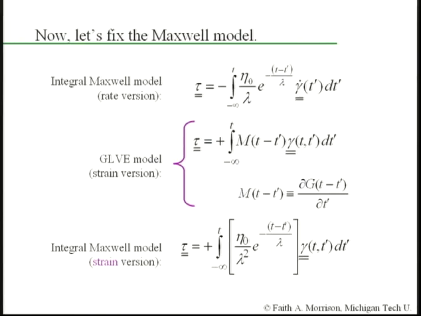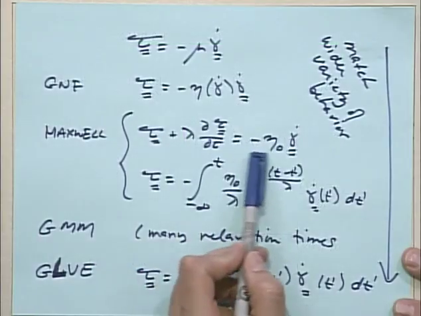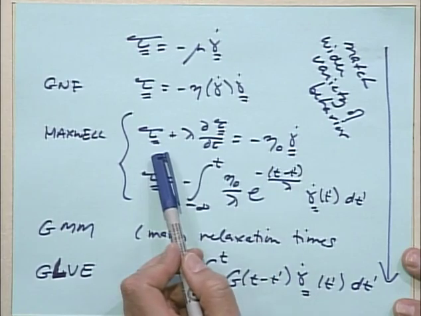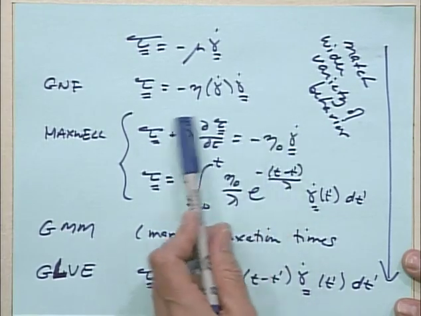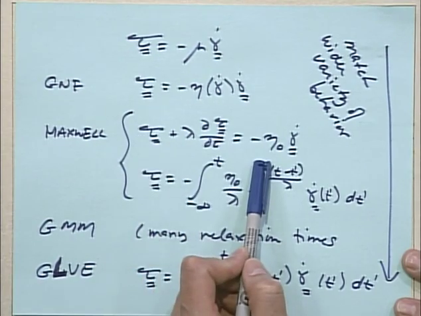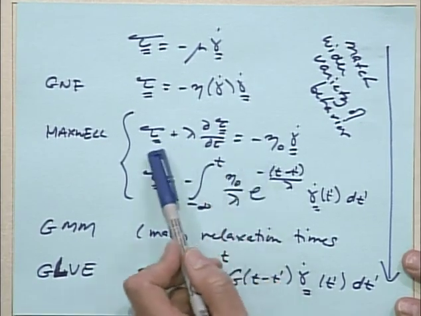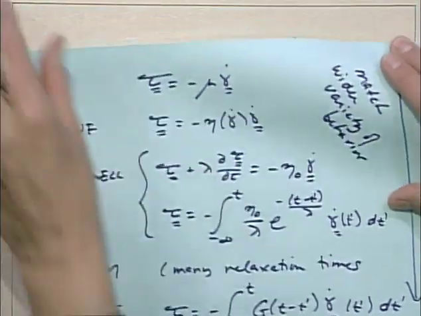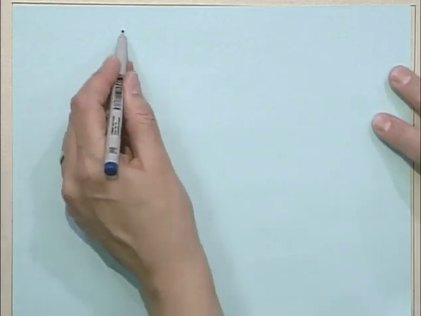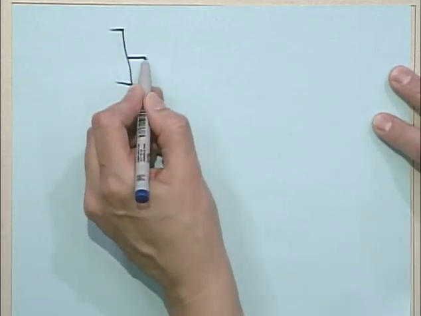But as we saw with the Maxwell model, sometimes there's something intuitive about a differential equation that helps us to guess what the form of this equation might be. And the connection of the Maxwell model to that physical picture of a spring and dashpot in series is very compelling to a lot of people.